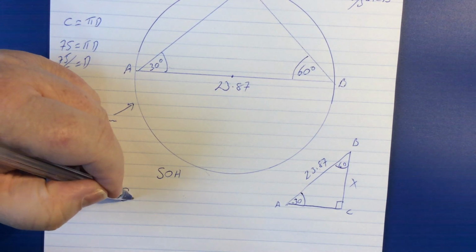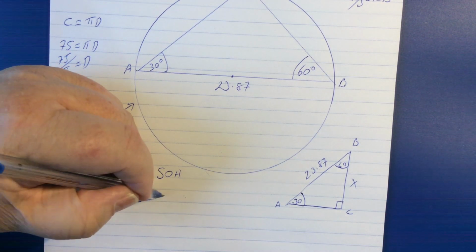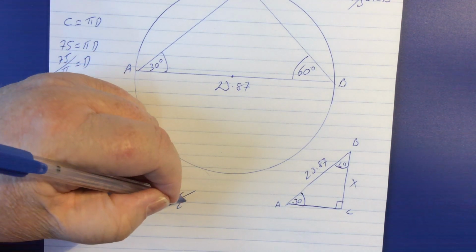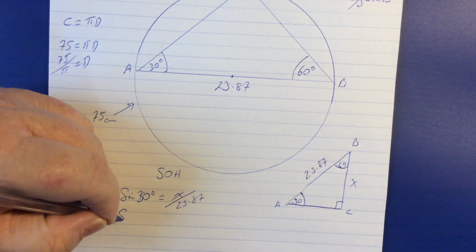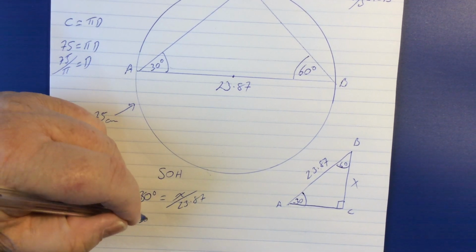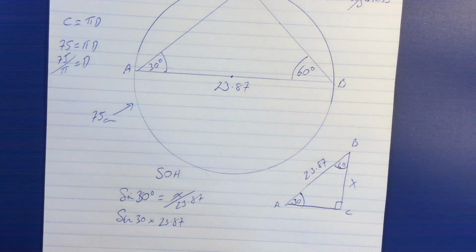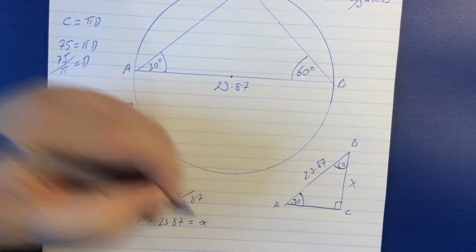So the sine of 30 degrees is equal to x over 23.87. So the sine of 30 times 23.87, you would keep all the decimals, is equal to x.